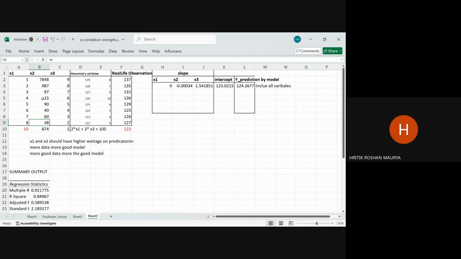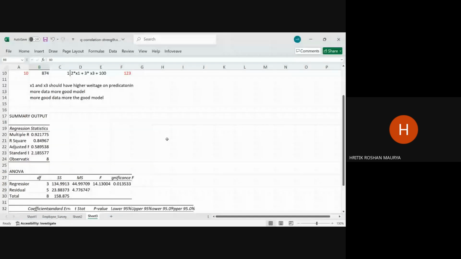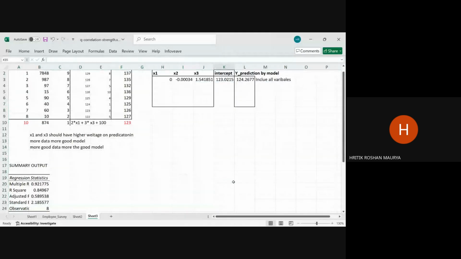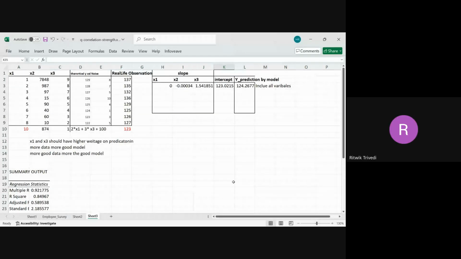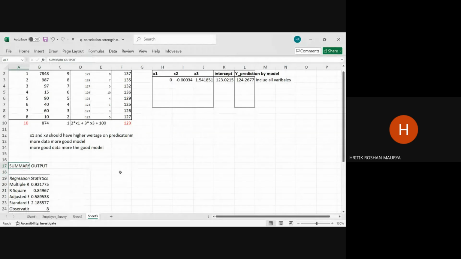Maybe I need to run it again. Not this 70, it should be 10. I think it would work fine. Has the value been modified? I don't think so. Can I get the refresh option? Okay, nowhere is there a refresh.